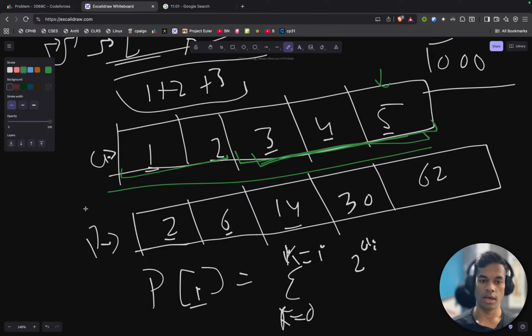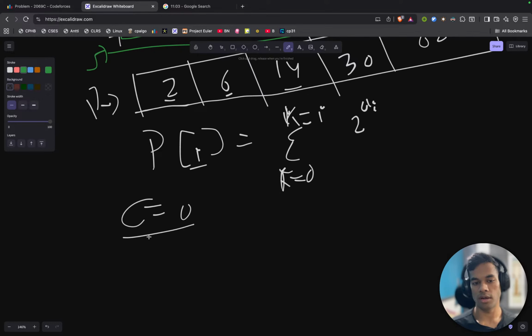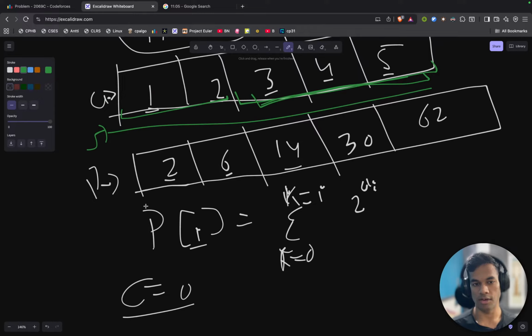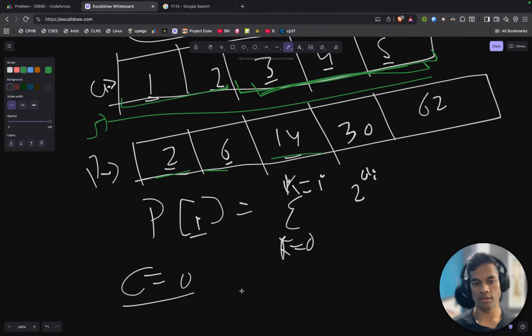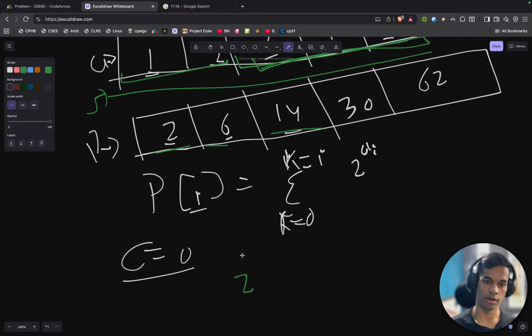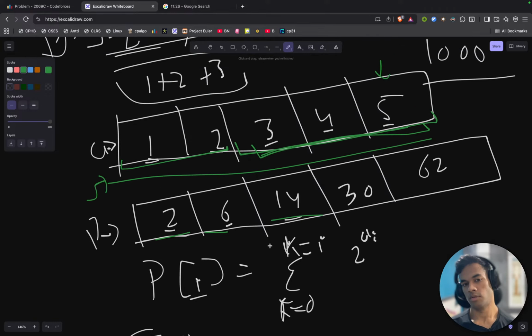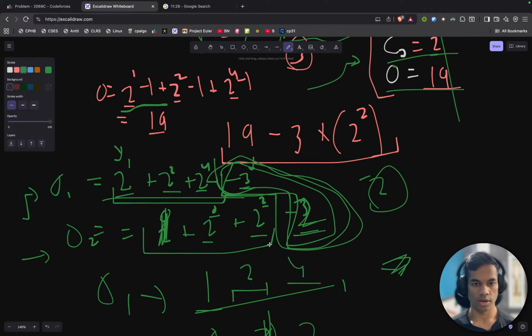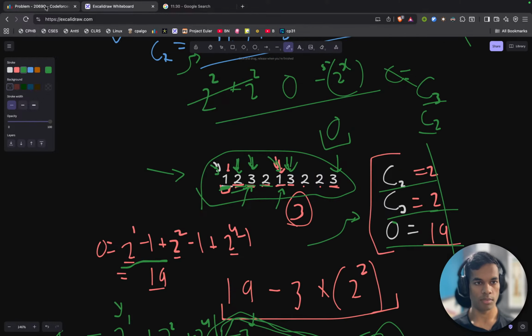Depending on the number of twos that I have passed, my answer would be this value minus, let's say, 2 power something. Wait, let's apply this to an actual thing, which is this number.